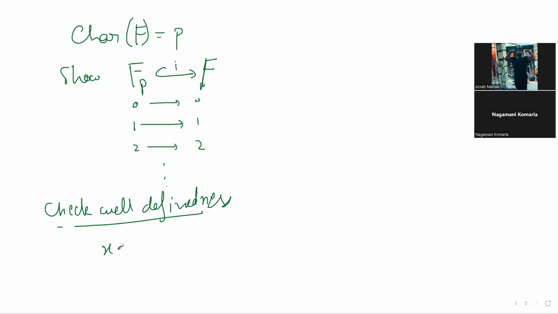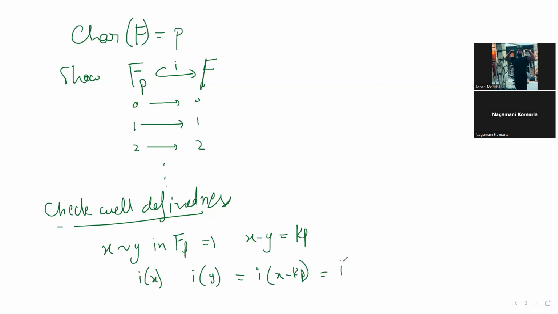So if x is related to y in Fp, that means x minus y is equal to Kp. Then you check what is I of x and what is I of y. I of y is equal to I of x minus Kp. That is equal to I of, well, x minus Kp, where will it go to?